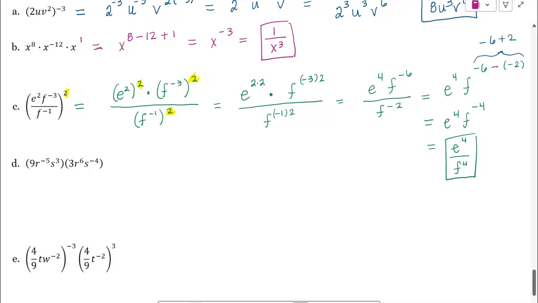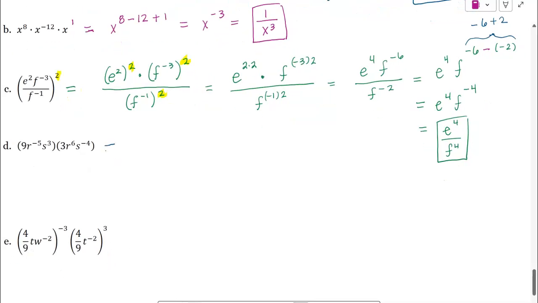So let's put the numbers together. I have a 9 times 3, and then I've got r to the negative 5th power and r to the 6th power, and then s to the 3rd power and s to the negative 4th power. Got a bunch of things that are kind of similar there.